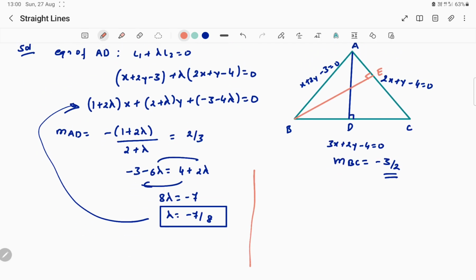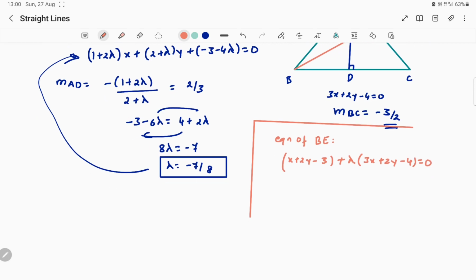We can again write here the equation of BE is the AB equation, which is x plus 2y minus 3, plus lambda times 3x plus 2y minus 4, is equal to 0.